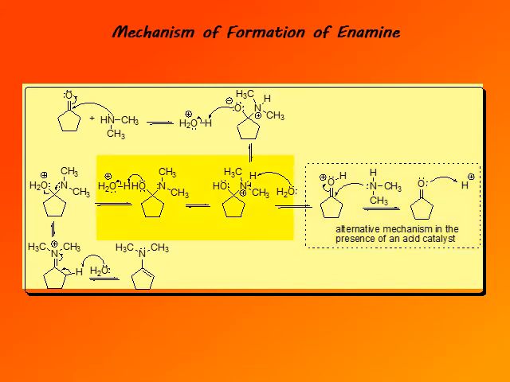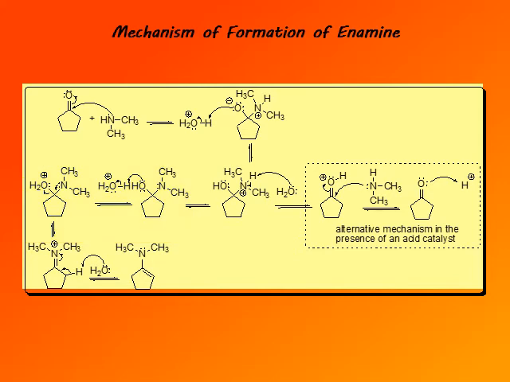Then in the following step, the ammonium alcohol loses a proton, and we have an amino alcohol as the next intermediate. The amino alcohol is protonated on the oxygen to generate a good leaving group, an oxonium ion. That oxonium ion leaves as a molecule of water, assisted by the electron pair from the nitrogen.